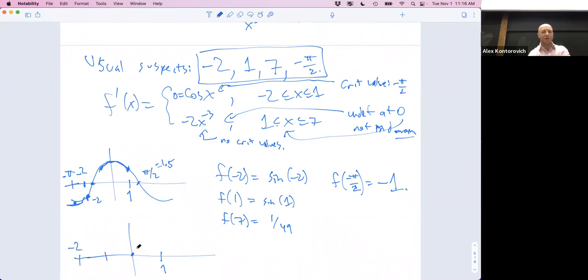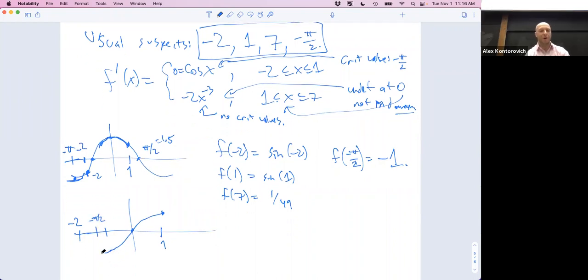Sine starts at 0, so it's going to go up to whatever sine of 1 is. It's going to go down past negative pi over 2, where it achieves a value of -1. This is -1. And then it's going to come back up to wherever sine of -2 is.